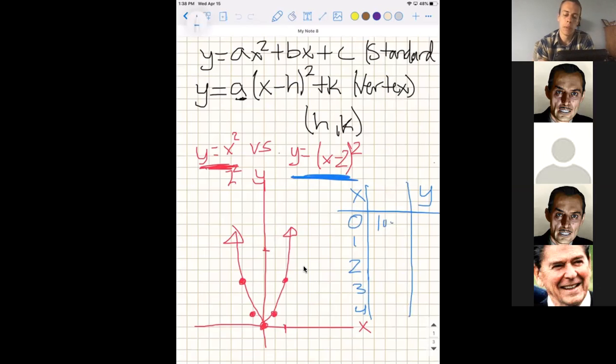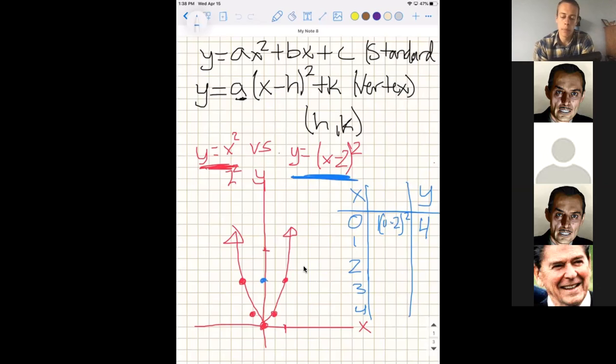We'd have 0 minus 2 squared. It would be positive 4, because you'd have 0 minus 2, or -2, and then you square it and get positive 4. So if we plug in 0 for x, our output must be 4.